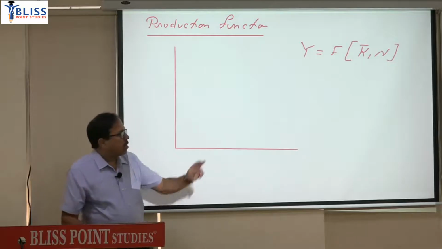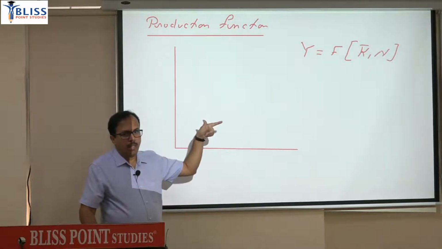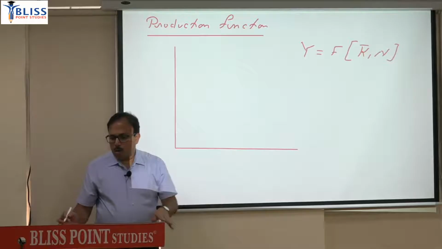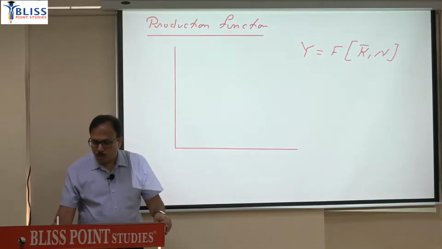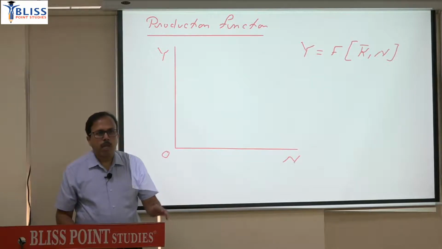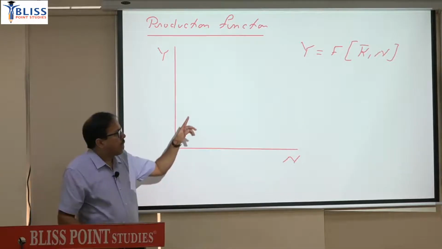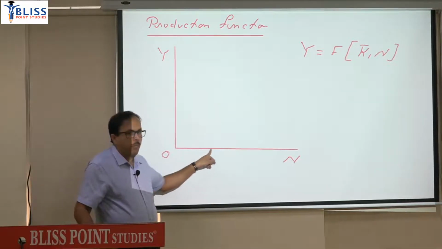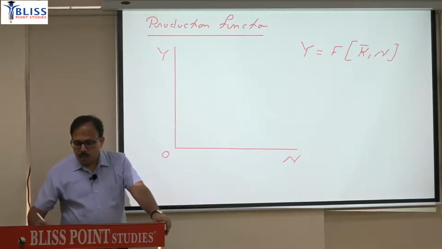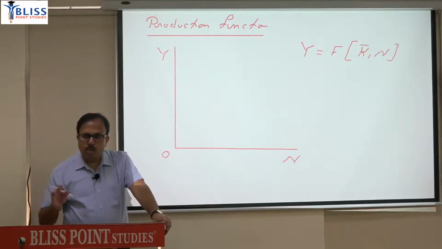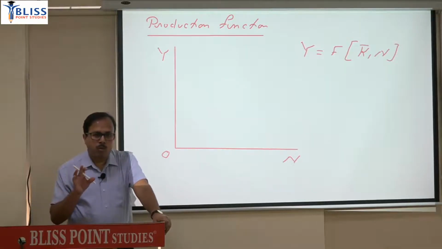So in fact there are 3 variables there, Y, K and N. But on axis you are basically taking one variable output here, second variable employment here. Keeping capital constant. So keeping capital constant, as you engage only employment, initially production will increase. But remember, we are not studying micro now, we are studying macroeconomics.